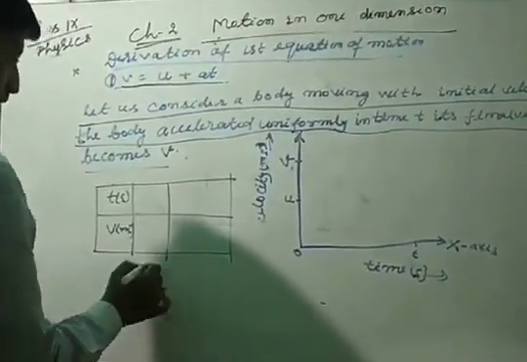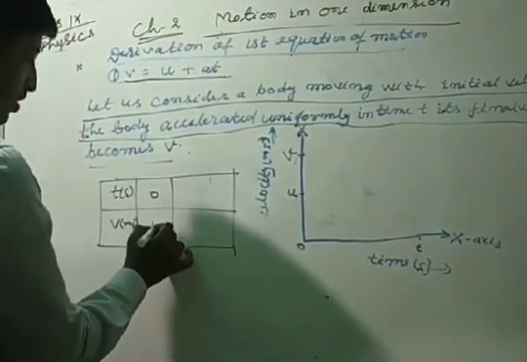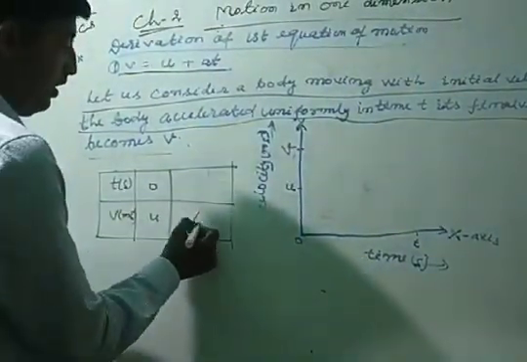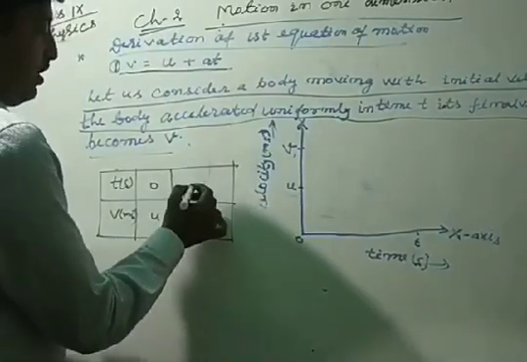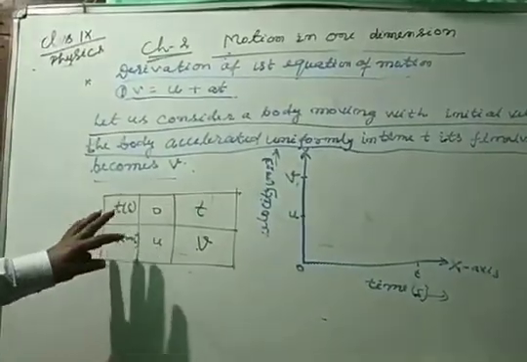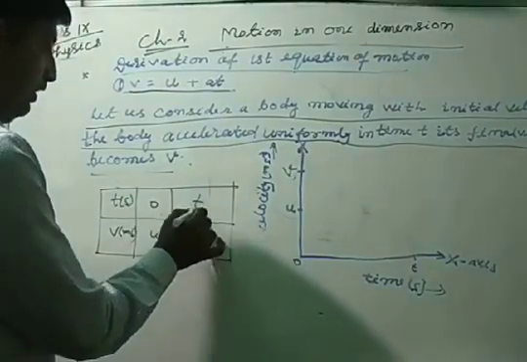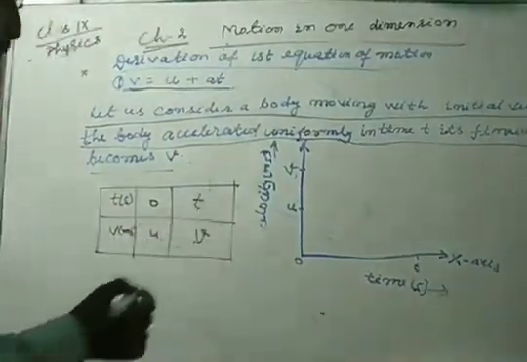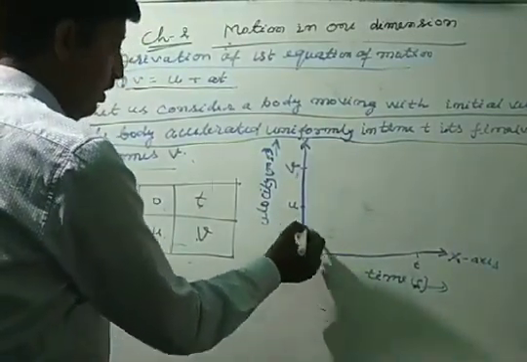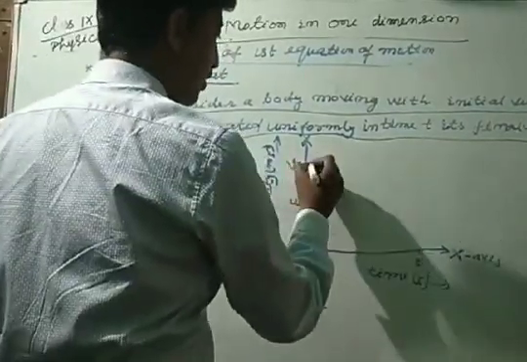At 0 seconds the velocity of the body is u, because the body starts moving with initial velocity u, and in time t its final velocity becomes v. So by taking these two coordinates, (0, u) and (t, v), we plot the graph.